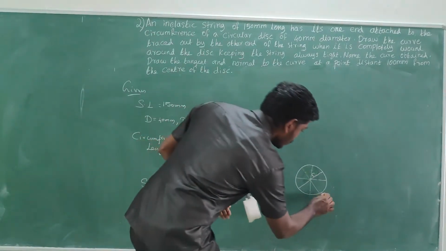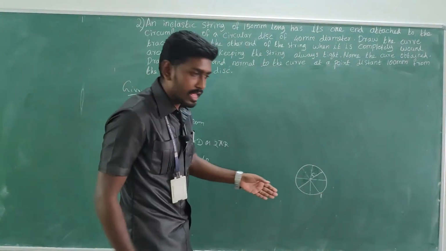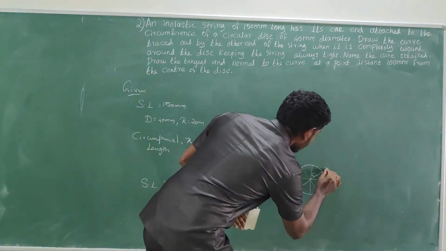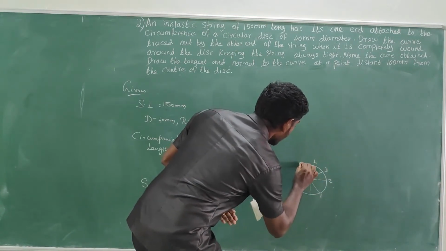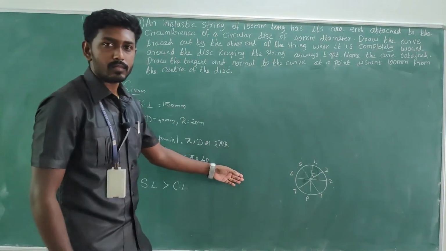Give the names in an anti-clockwise direction, starting from this circumferential point as 1, then 2, 3, 4, 5, 6, 7, and 8.